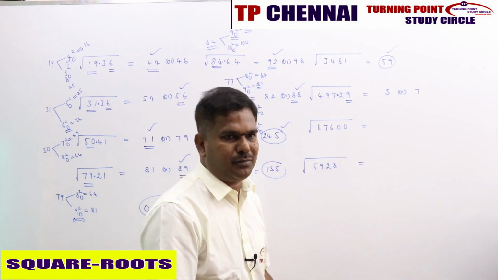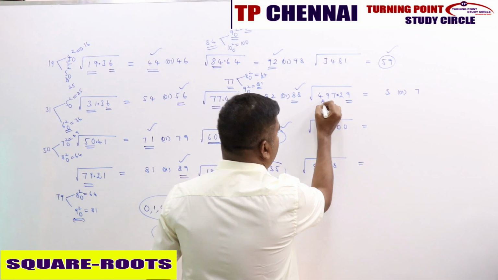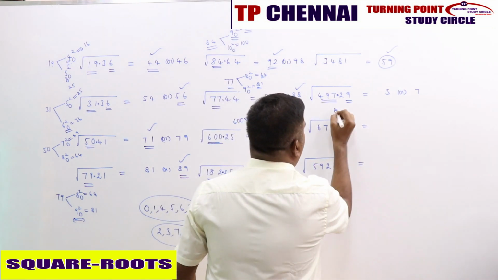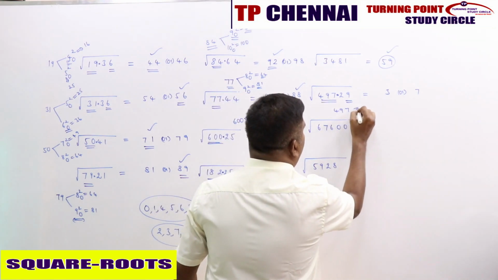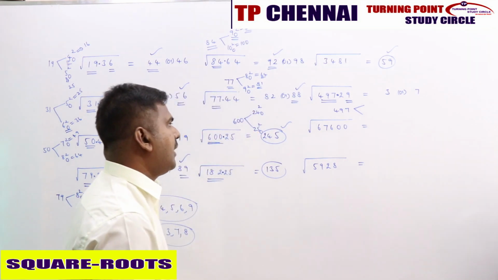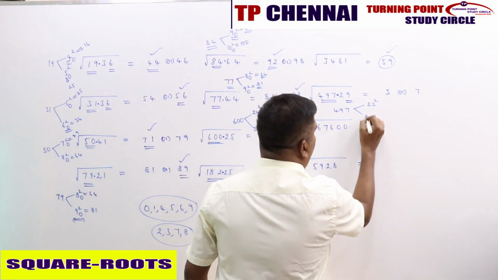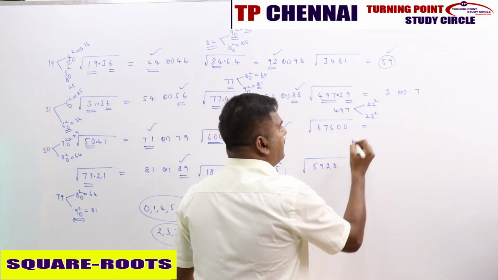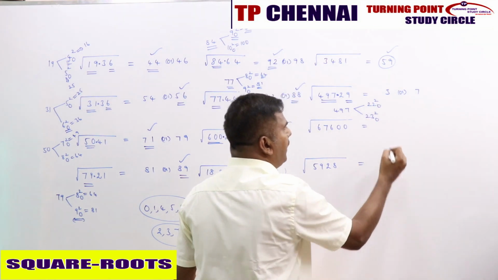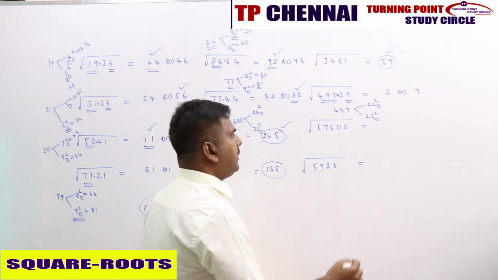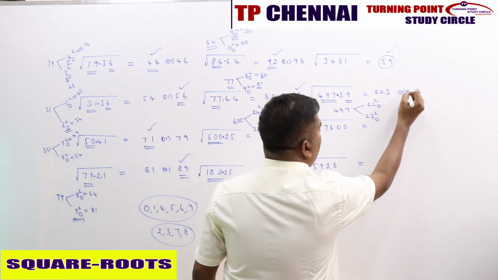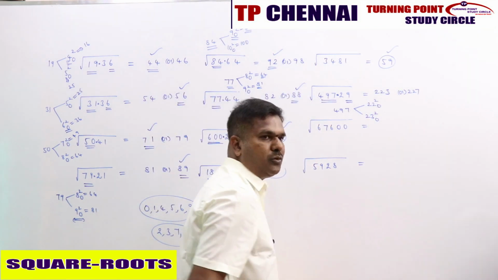That is the reason I am mentioning. So 3 or 7, just go ahead. 497. 497 is lying between which two squares? 22 square, how much? 484. And 23 square is 529. The number will be lying between 220 and 230. So 223 or it can be 227.